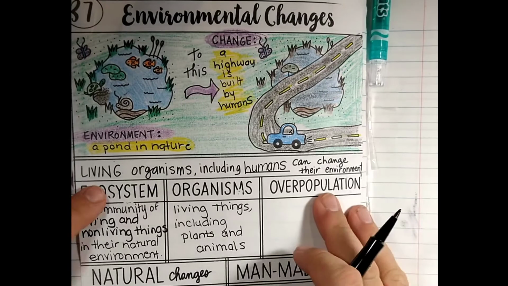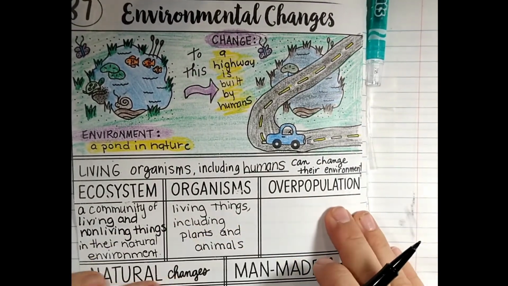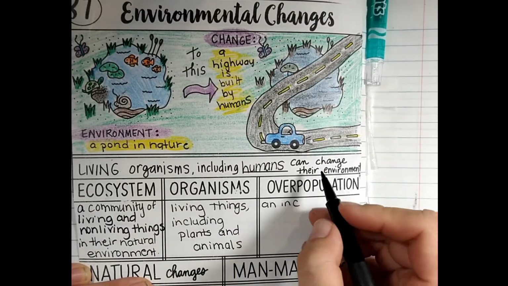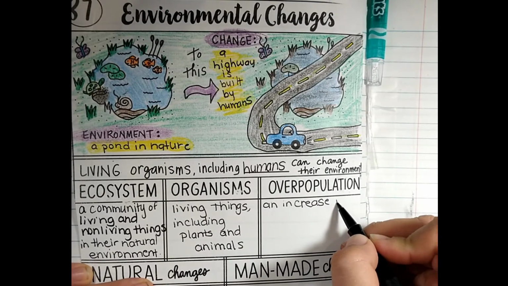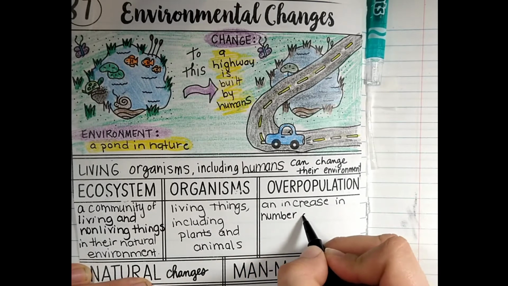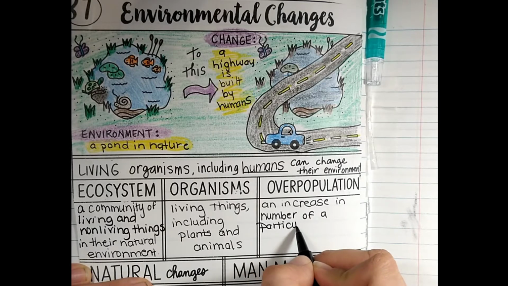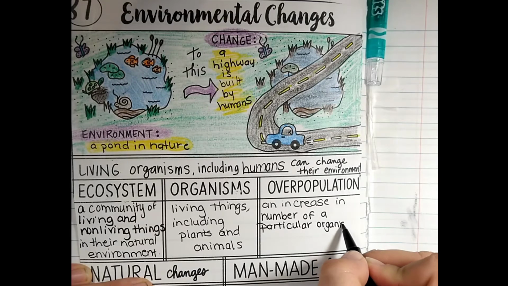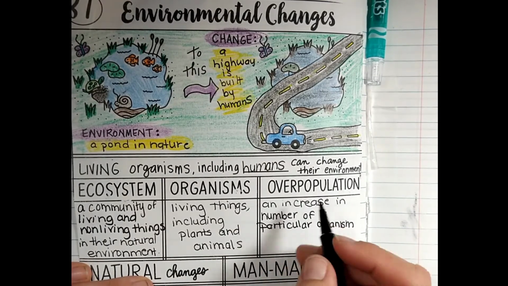And overpopulation is one way that humans can change the environment. Overpopulation is an increase in the number of a particular organism, which can have direct and indirect effects on the ecosystem.